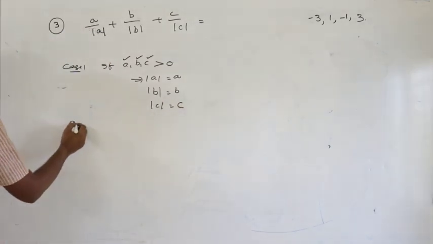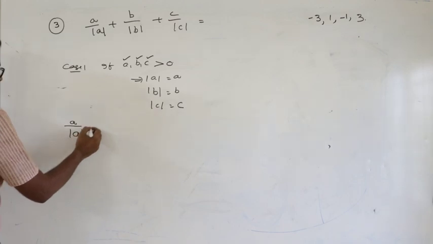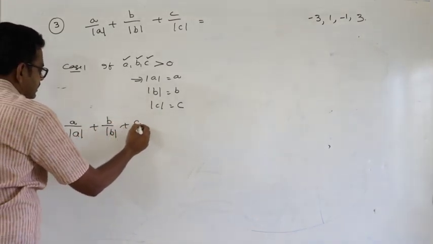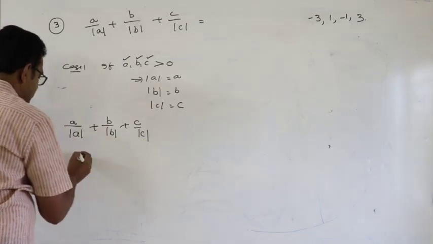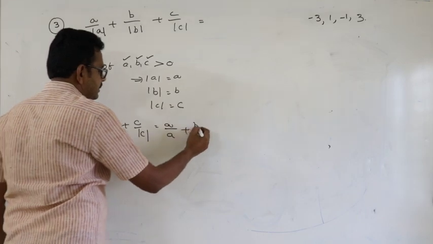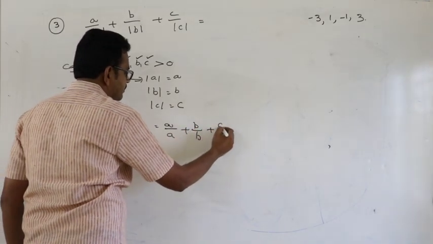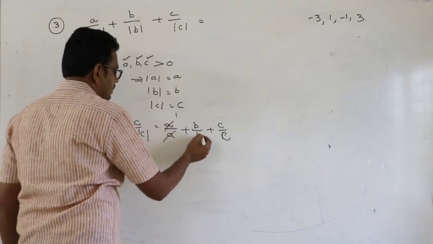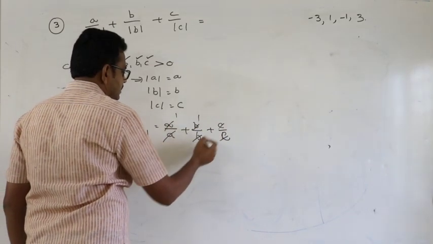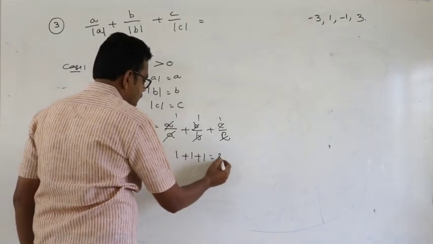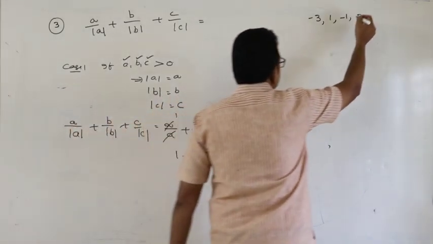Therefore a by mod a plus b by mod b plus c by mod c is a by a plus b by b plus c by c. Each cancels, so this is 1 plus 1 plus 1, that is 3. So 3 is one correct answer.